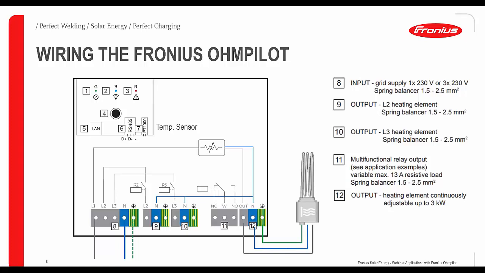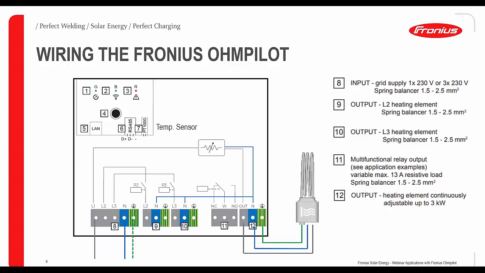With this output we can, according to the surplus energy we have, switch the load we connected to this multifunctional relay. What we can also do is connect a second heating rod and do the changeover between the 2 rods within the Ohmpilot by this relay. This is another very interesting thing with this solution.